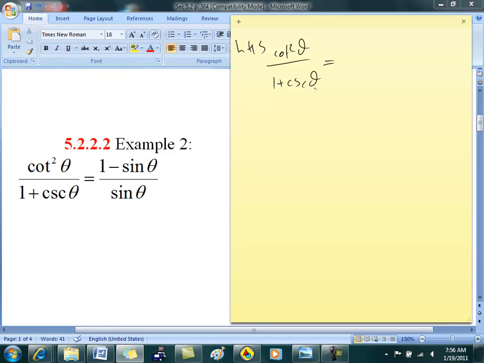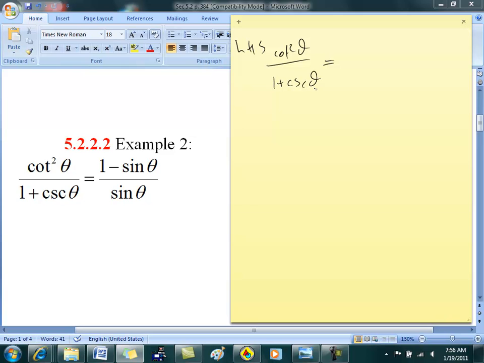Any suggestions? Yeah, Laura. Exactly. Nice, good job. Yeah, you could go there, but you could multiply top and bottom by 1 minus CSC theta.